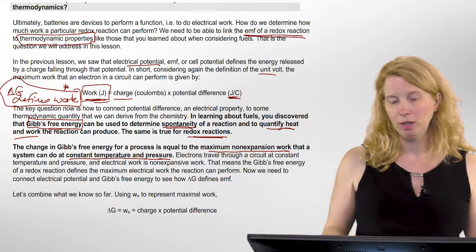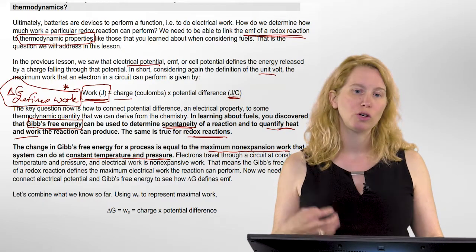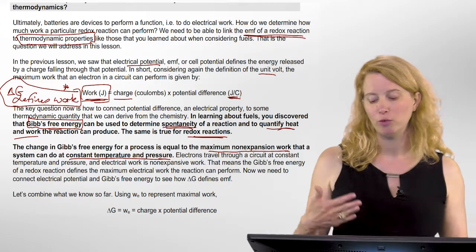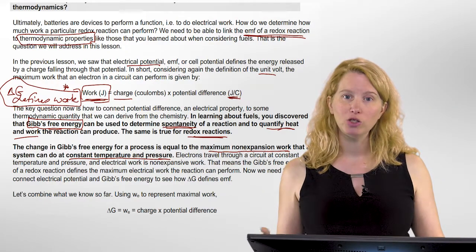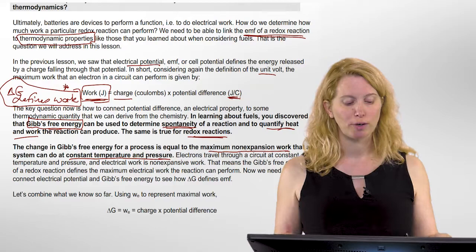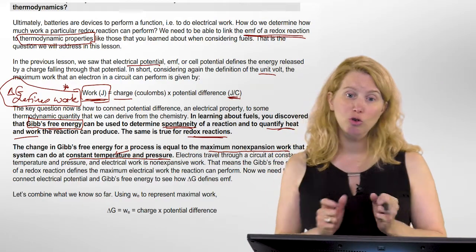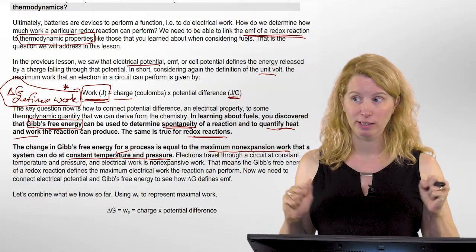Now let's step back and think about all those qualifiers I put on that sentence in the context of electrical work. The work we're interested in when we're talking about batteries and redox reactions is electrical work. It's electrons traveling through a circuit. Electrons travel through a circuit at constant temperature and pressure. We can check that off. And electrical work doesn't cause expansion of the system.